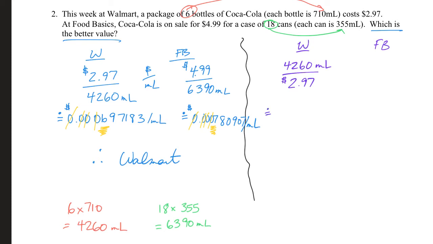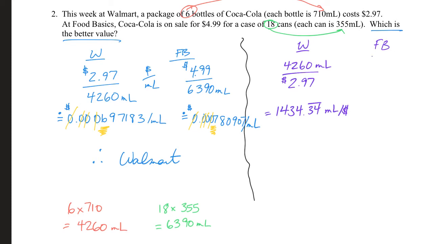In this case, I get 1,434.34 repeated milliliters per dollar. Because I wrote that repeated, I didn't round, so I need to get rid of that dot on top of the equal sign.